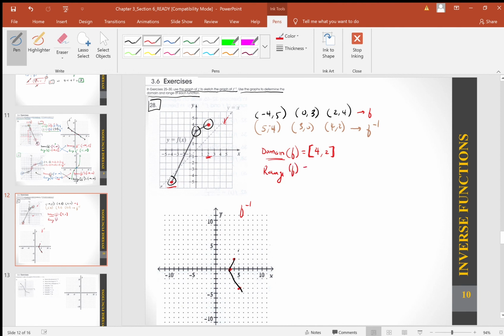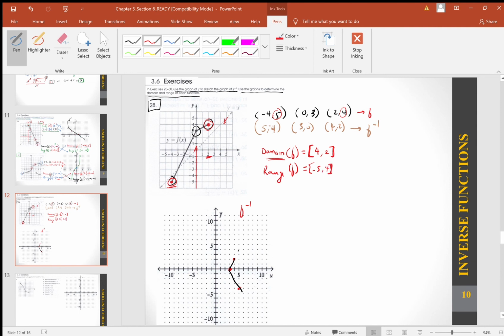The range of our f happens to be along the y-axis now. Okay, so we start off with what? Negative 5, because you're right here on the y-axis. That's the y point, this y point right here. And then the maximum point along the y-axis is 4. And that's also a dot, and it gives us a bracket.